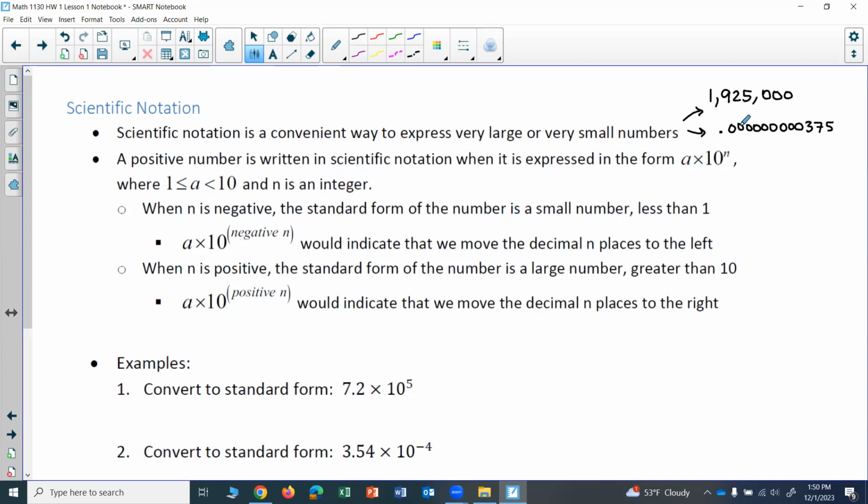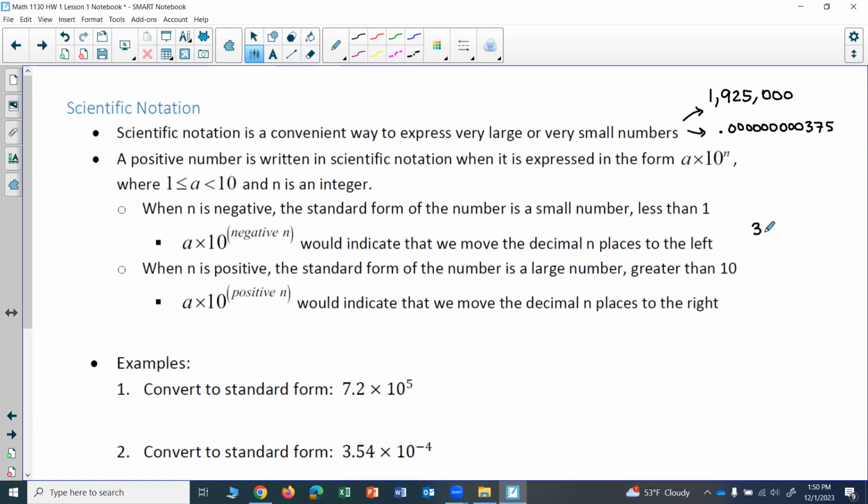So for example, this 0.0000000000375. Then we would write it as a times 10 to a negative n, a negative number, and that would indicate that we move the decimal n places to the left. So for example, let's look at this one.